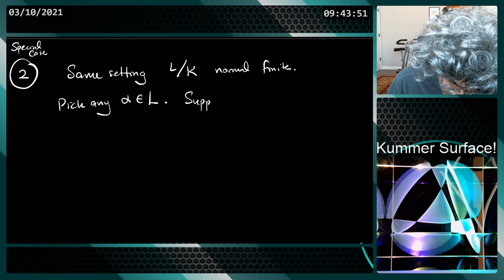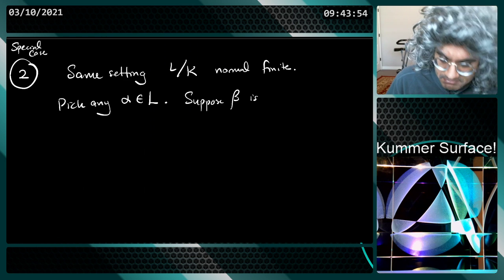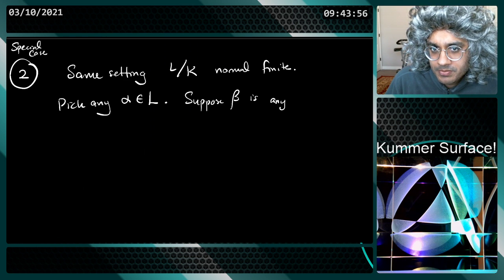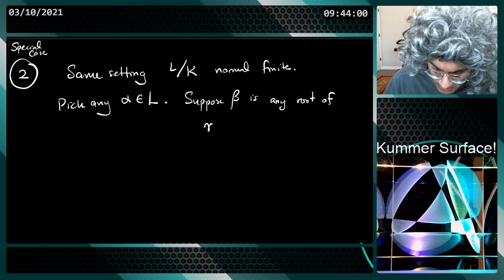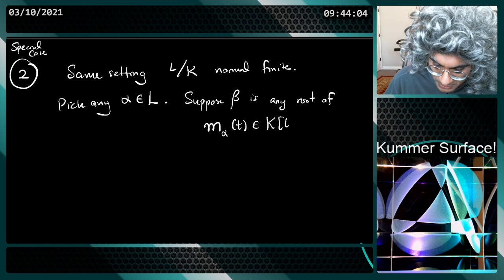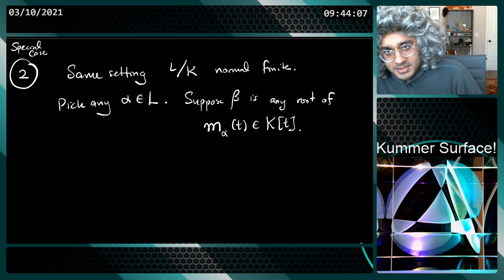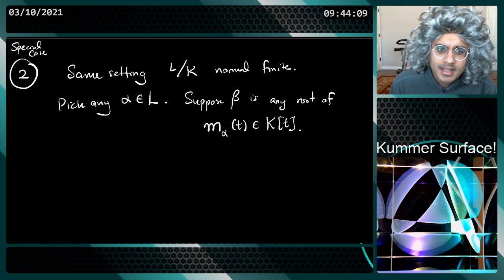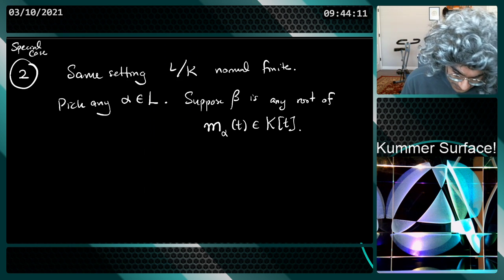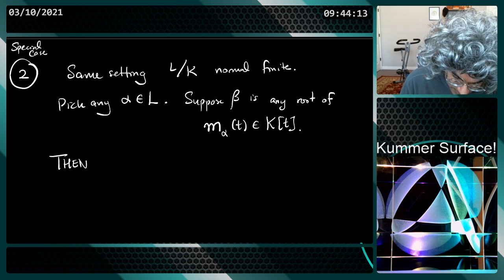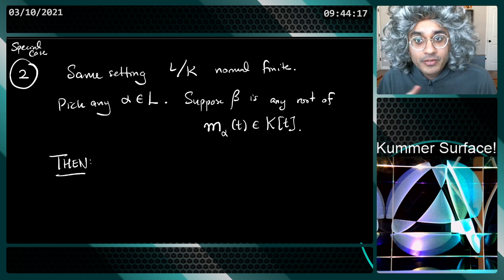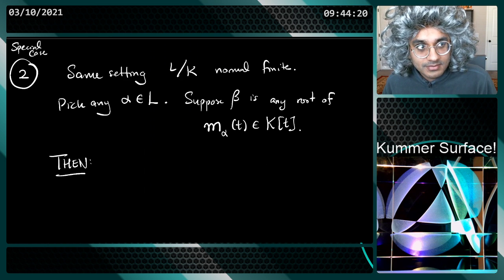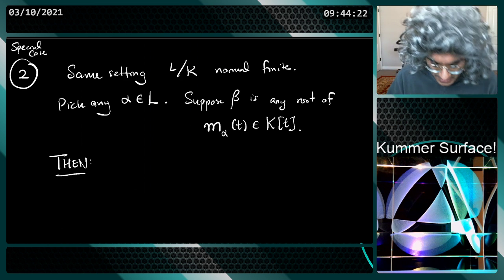So meaning, suppose beta is any root of alpha's minimal polynomial, which I'll write as m sub alpha. And I'll let you always deduce the meaning of that. Okay? Then there exists an automorphism, a K automorphism of L, which sends alpha to beta.